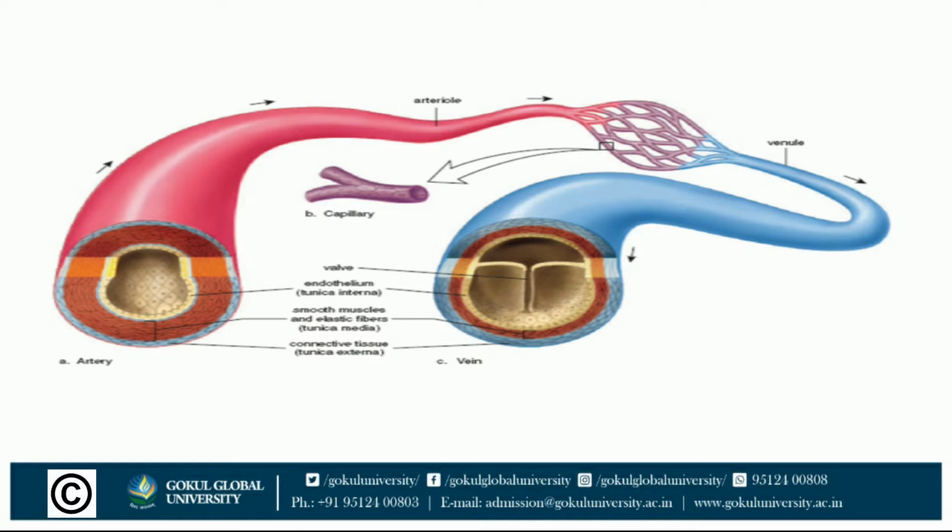In a vein, there is a valve. In an artery, there is no valve. A valve helps in unidirectional flow against gravity. In short, when we are standing, from the foot blood reaches the heart with the help of valves.